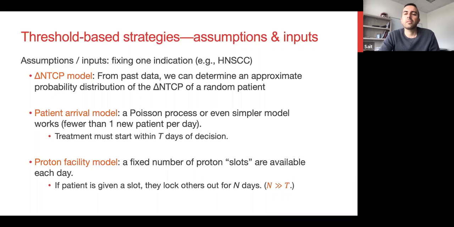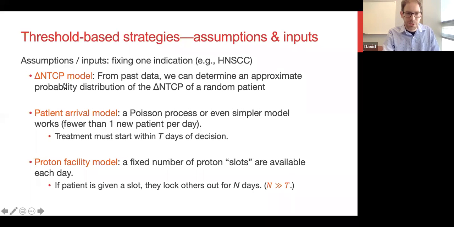Whereas if you fix one indication where there is an established delta NTCP model, and where we can understand whether 3% is a large enough difference, or only 10% is a large enough difference, then we can get something interpretable out of it. One of the things we gain with this is that N is homogeneous, just 30 for all the patients.